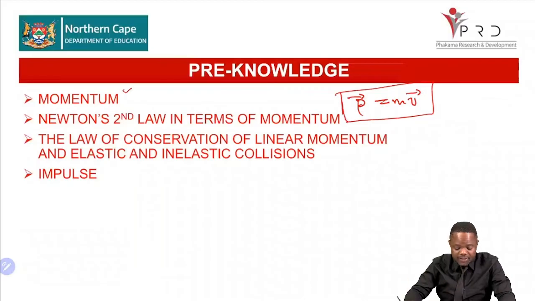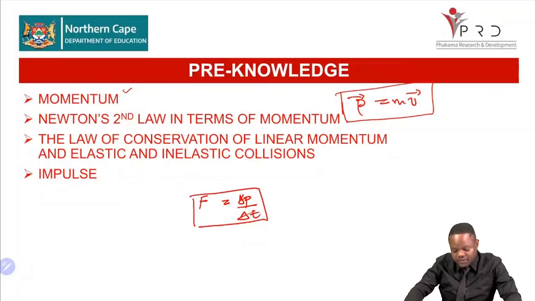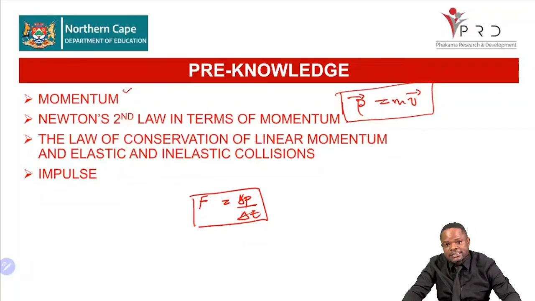The second part is Newton's second law in terms of momentum. Remember Newton's second law, F is equal to ma. But in terms of momentum, the net force is equal to the rate of change of momentum, that is Δp divided by Δt. Remember that relationship.